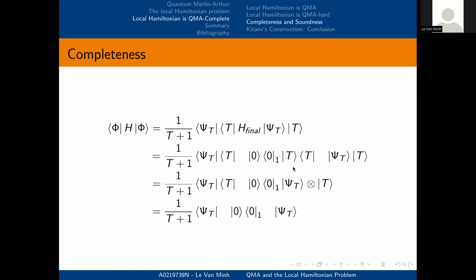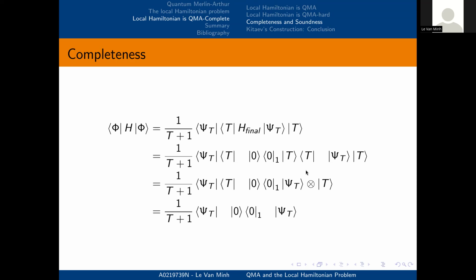Next up, we reduce the two right-hand side terms of the dot product into one tensor product. And it's simplified because bra t dot product with ket t will evaluate to 1. And we can simplify it on the third line.